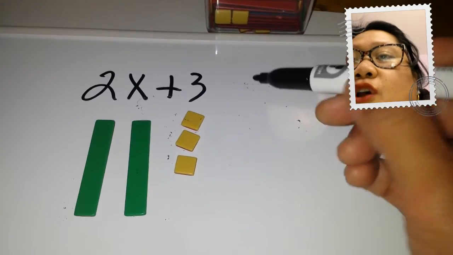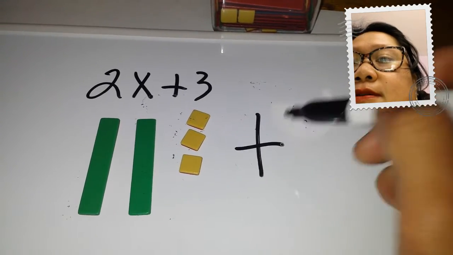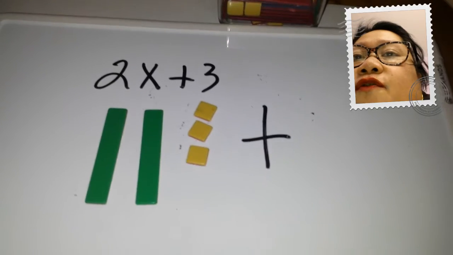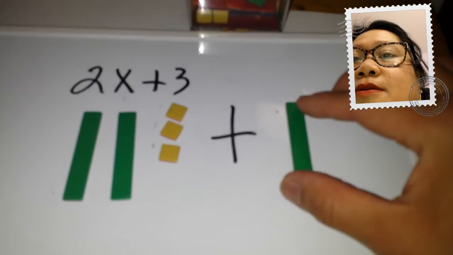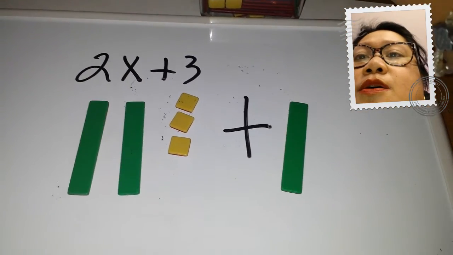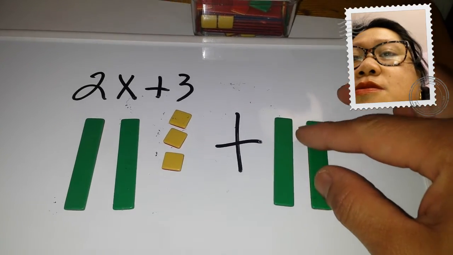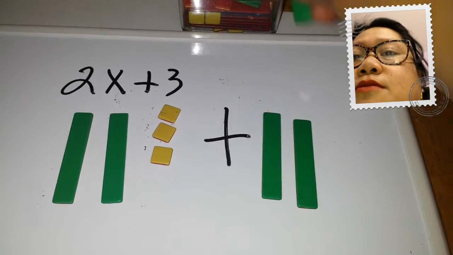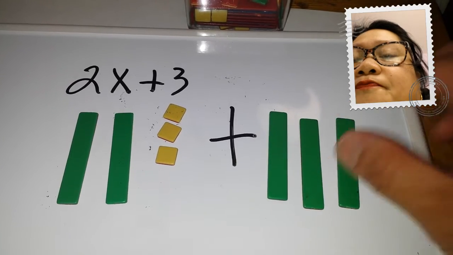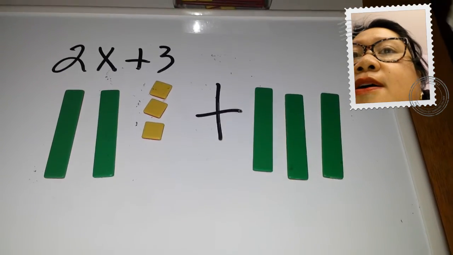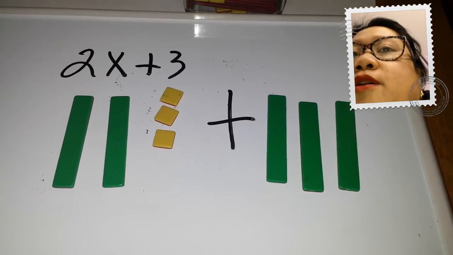Right? So if we added another set of equation over here, I'm going to grab another green one and another one. Maybe we should do 3. And another one.